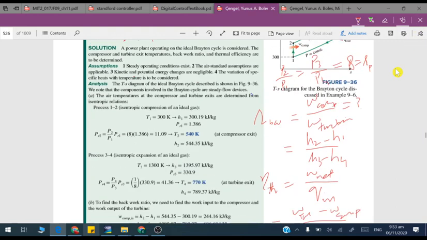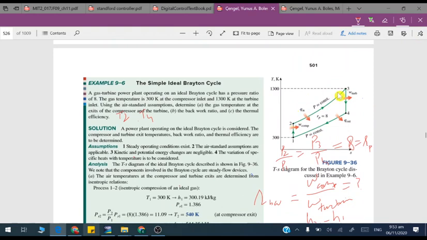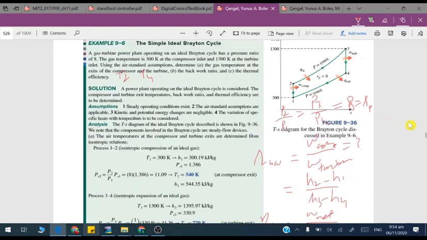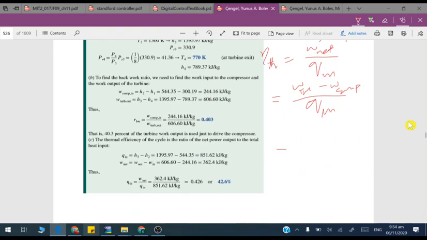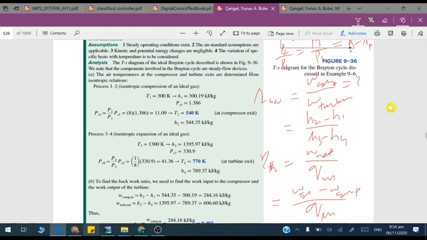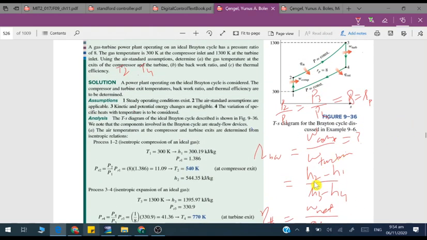If you look at this T-S diagram, Q in is clearly H3 minus H2. So we can easily write the denominator as H3 minus H2. And what about W turbine? I have already told you, W turbine is H3 minus H4.